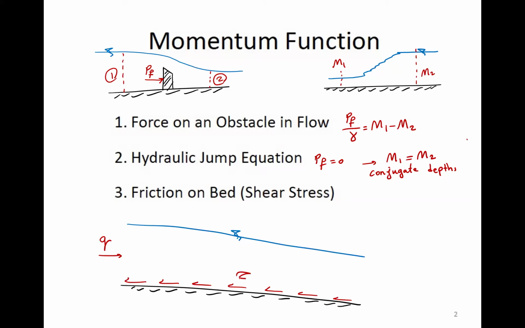So tau. And we know that friction is always against the motion. So if flow is from left to right, shear stress or shear force will be right to left. So let's look at this and see how we can, again, use the momentum equation idea and study this kind of flow.